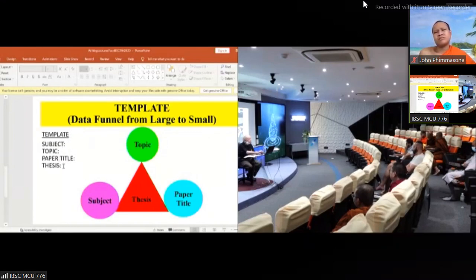So the smallest thing is going to be a sentence with a verb. A verb is an action or existence word. But all of these other things are just words or phrases. Subject is usually a word. Topic is several words. Paper title, usually connected by and, three words, or on the concept of. As you do more work with this, it becomes second nature.